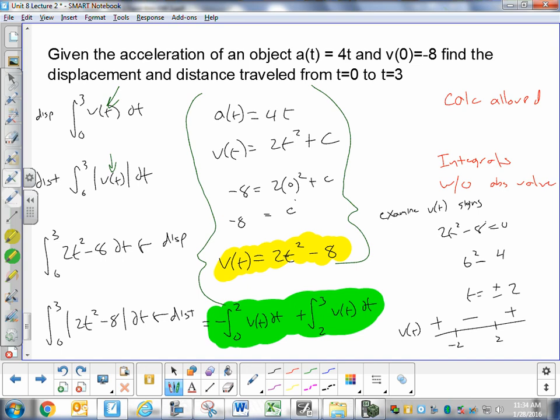That will be my integral expression without an absolute value of the distance traveled. Any questions? We get -6 for my displacement and 15 1/3 for my distance. And if I plug this in, I'd get 15 1/3 as well.